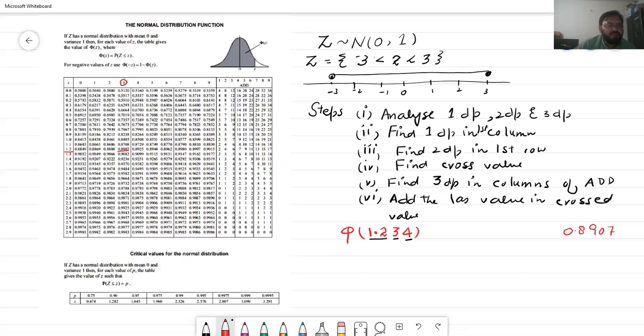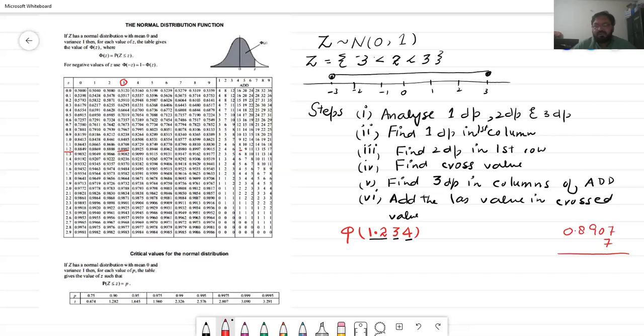You have to write the value at the end of the paper. Now the third decimal place you have to find in the column of add, and find the cross value over here. That is 1, 2, 3, and 4. The value is 7, so you have to add 7 to the last digit.